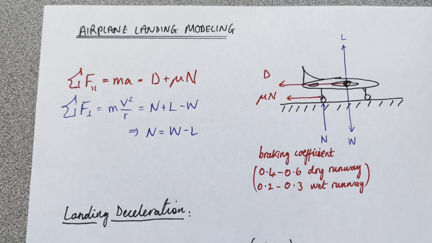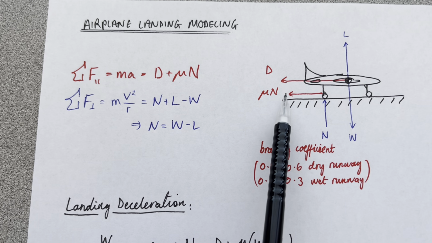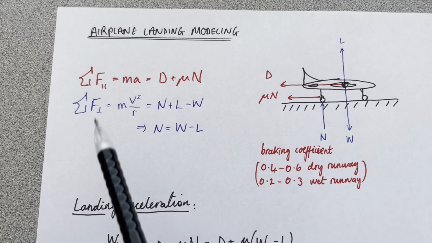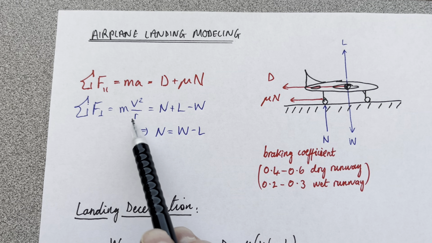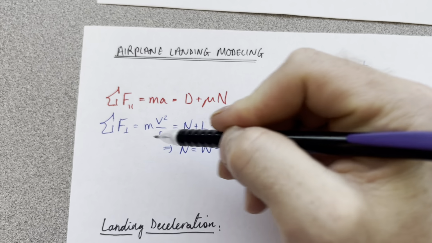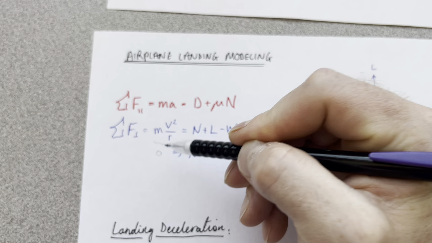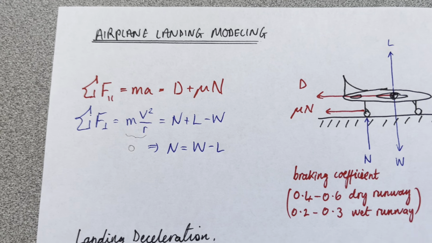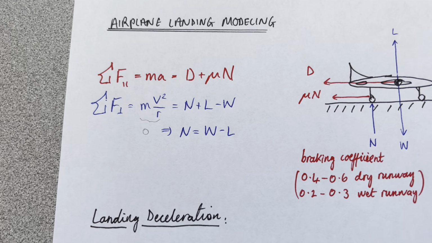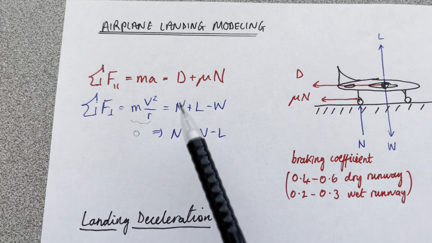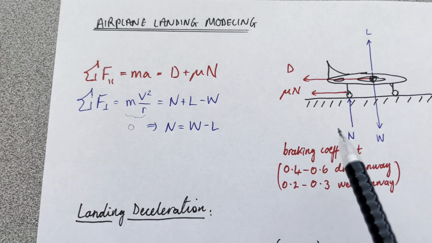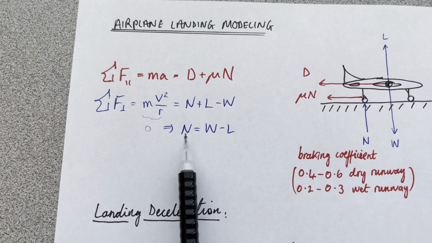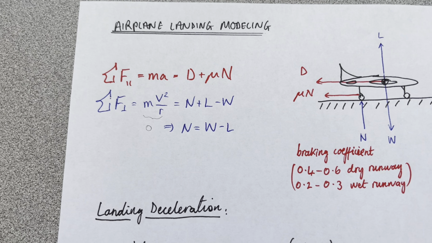But if we're decelerating along our runway horizontally like this, then the radius of that arc tends to infinity, and so this part will be 0. We can then rearrange this equation, N plus L minus W, to give us the normal force, which is just the difference between weight and lift.